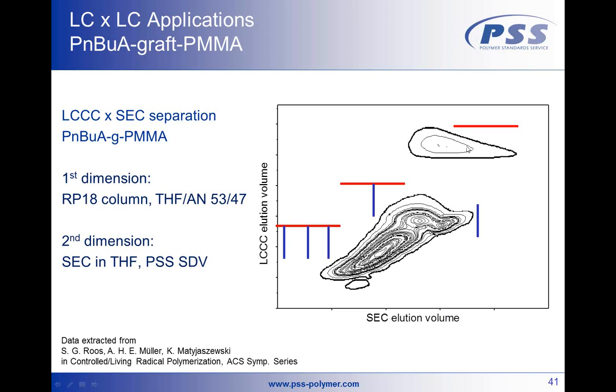And if you now add the PMMA, which elutes earlier than the PNBA, you get this very nice separation, and you can have a separation into the individual side chains, residual backbone, individual side chains, and here in this direction you have the samples differing in their number of grafts.